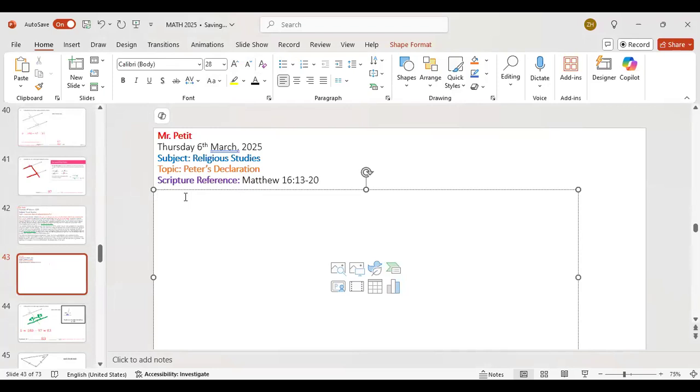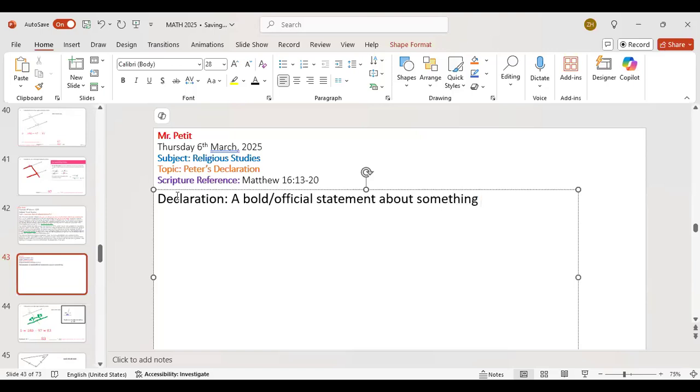So what is a declaration? A declaration is what? A bold statement. A bold or official statement about something. That's what we mean by a declaration, a bold or official statement about something.